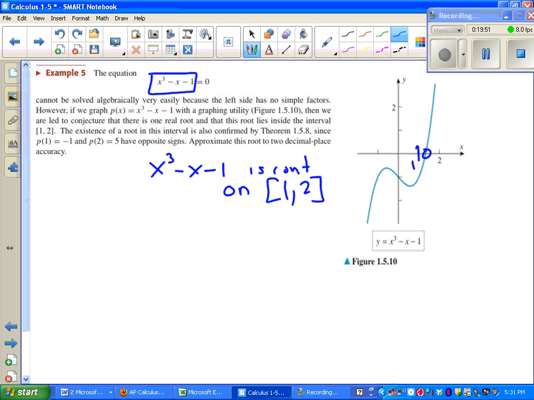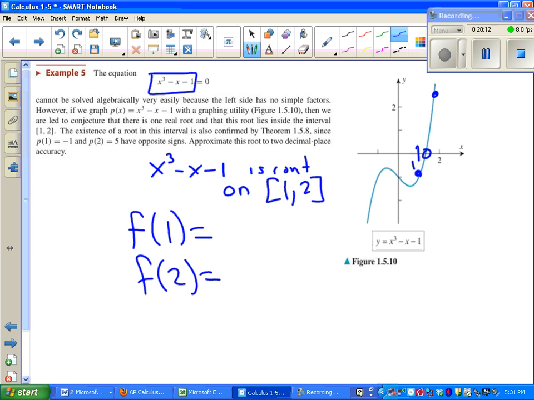It's really continuous on any interval, so I can choose whatever interval I want. The only reason I chose 1 to 2 is because now I can say f of 1 equals something, and f of 2 equals something. And looking at my picture, I can tell f of 1 is going to be some negative number, and f of 2 is going to be some positive number.